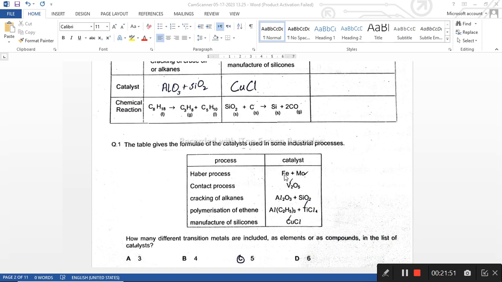Okay, 1, 2, 3, let me show you with the pencil, 1, 2, 3, and 4 and 5. So there are 5 transition elements in this table.